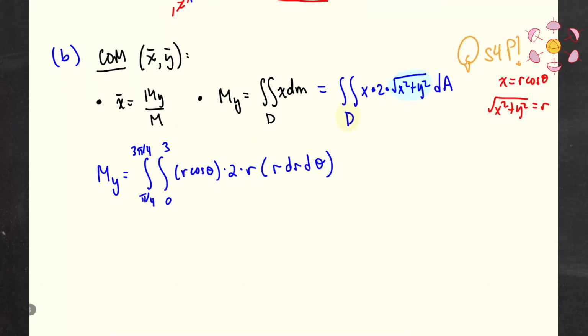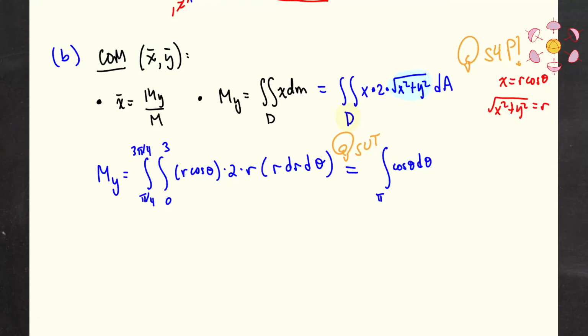Looking at the functions here, it's all multiplications, so we can use our other sometimes useful trick to split this up as a product of the integral of cosine theta d theta. This time, much more interesting function to integrate here.